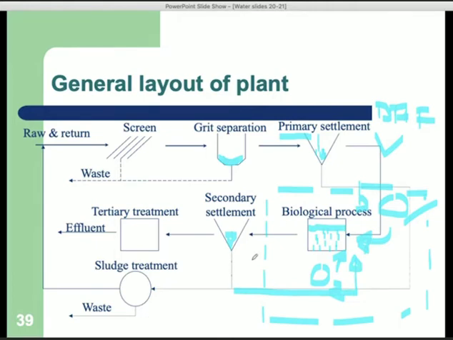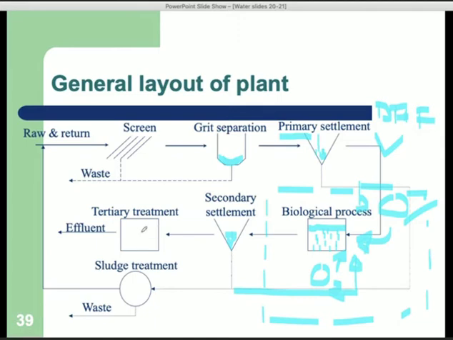If you didn't do that, then you would wash out the bacteria faster than they could grow. So you have a bit of return activated sludge, and that's what sewage operators would refer to. They would call this return RAS. So RAS, return activated sludge. So you have a bit of a sludge loop here, but the primary function is to treat the water.